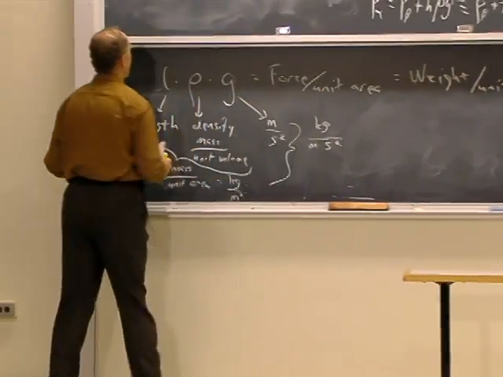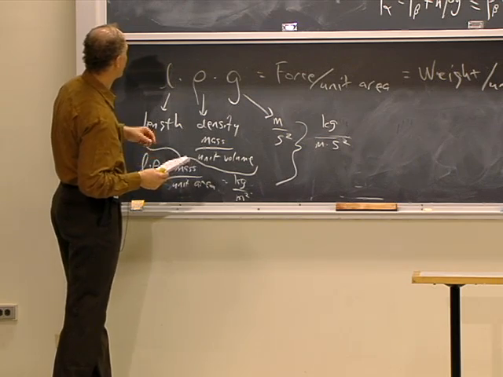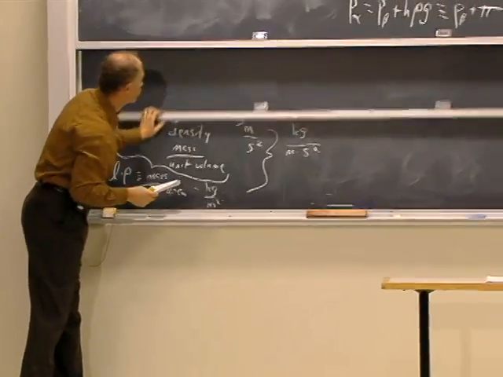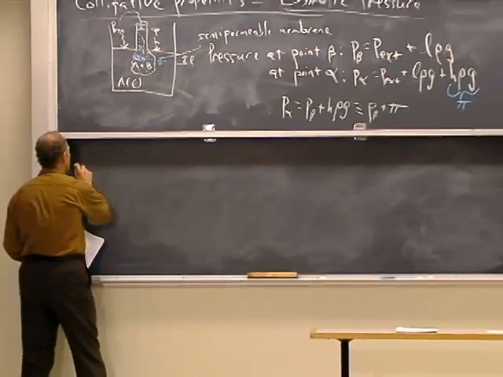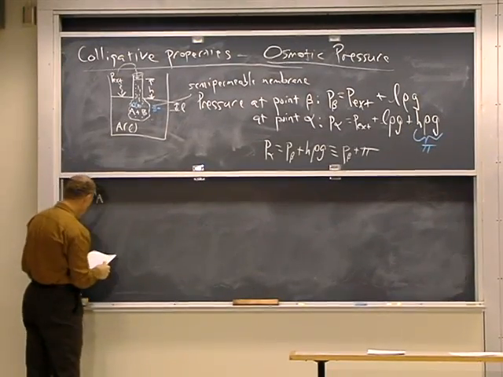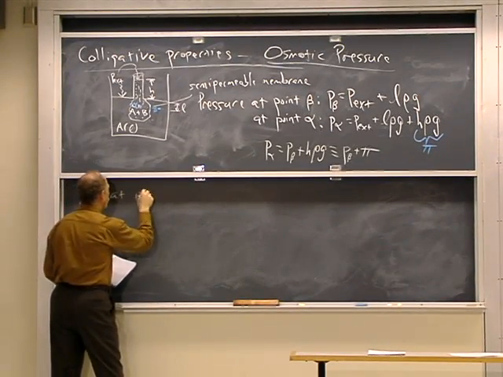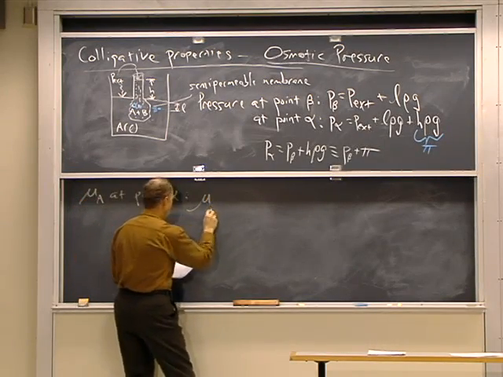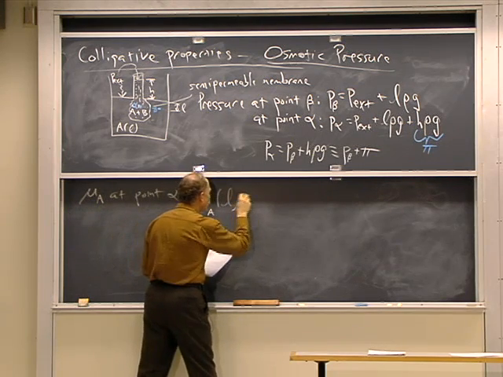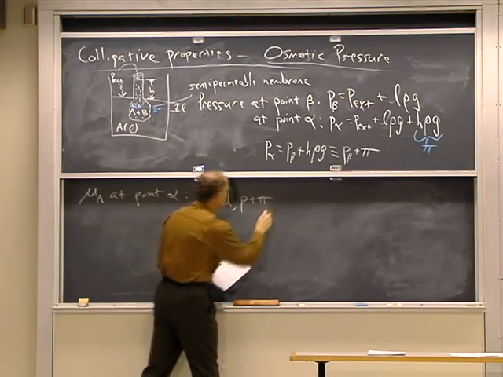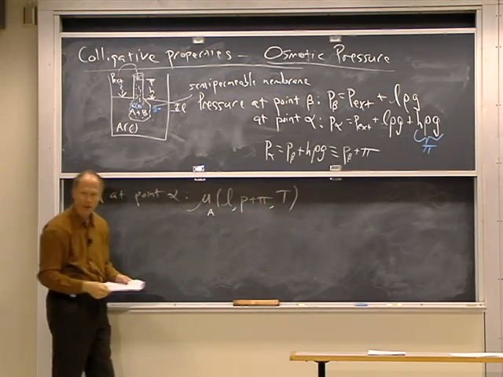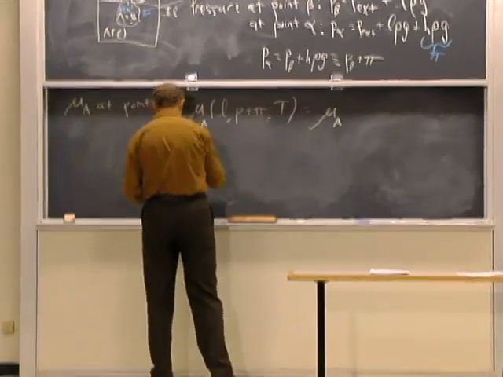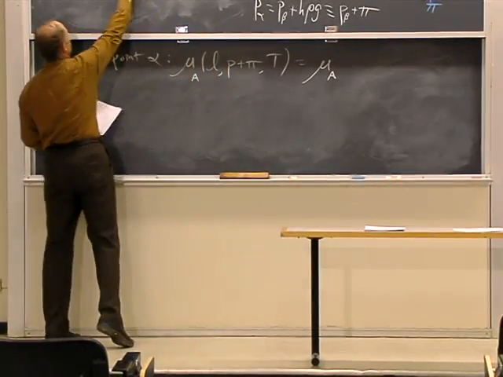Now, what do we know about the chemical potential in both parts? The chemical potential has to be equal outside and inside the container, right? So mu A at point alpha is just mu A of the liquid at pressure P plus pi and temperature T. And that has to be equal to mu A at point beta, but point beta is just in the pure liquid.